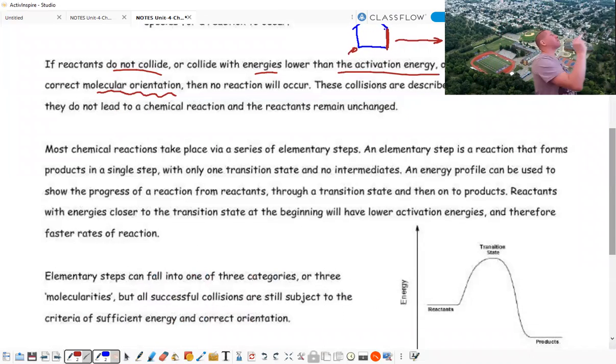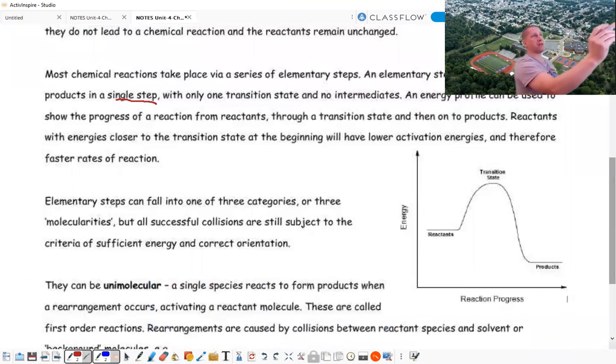Most chemical reactions take place via a series of steps. Those steps are referred to as elementary steps. So the elementary steps give us an overall reaction. It could occur in a single step. It can occur in multiple steps. And we see these, so these are those reactants and products graphs I had you do.